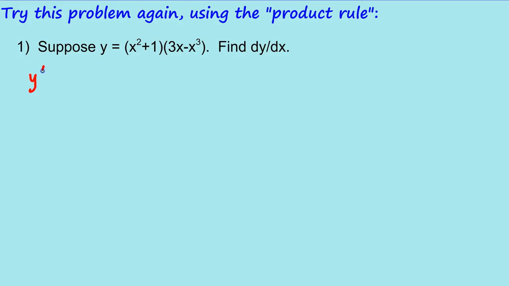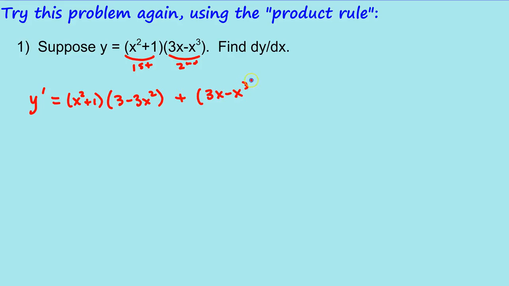So y prime is going to be the first, x squared plus 1, times the derivative of the second. Okay, the derivative of 3x minus x cubed is 3 minus 3x squared, plus the second, 3x minus x cubed, times the derivative of the first, 2x.